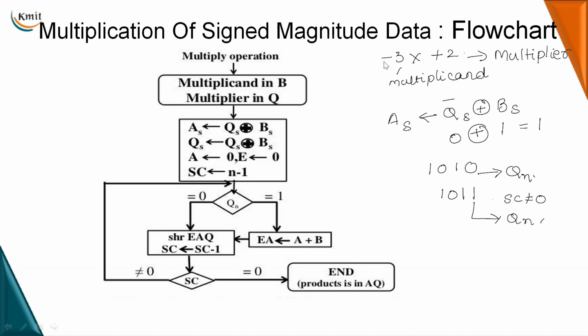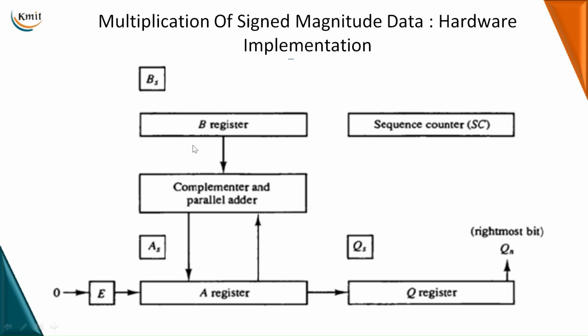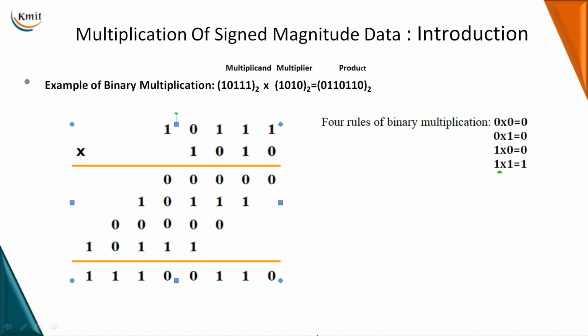So BS is nothing but the sign bit of your multiplicand, which is 1 because it is negative, and QS is the sign bit of your multiplier, which is 0 because it is positive. Now A and Q store the product of your multiplication.